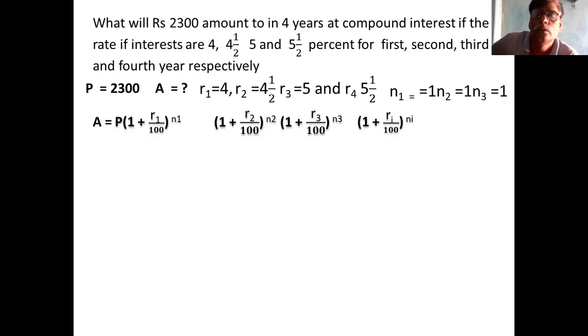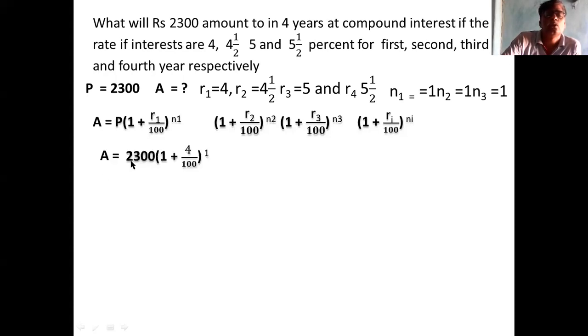And fourth is 1 plus R4 divided by 100 raised to N4. I forgot to change it; you take R4, N4, the rate of interest and period for the fourth rate. This is the equation, and in between these brackets there is a multiplication sign. Remember this.